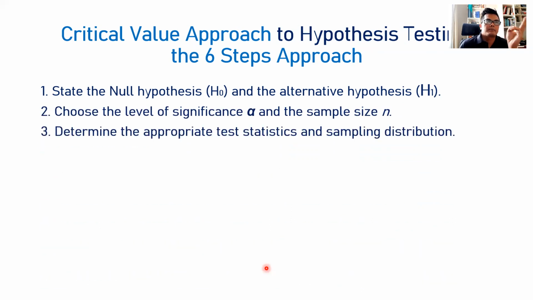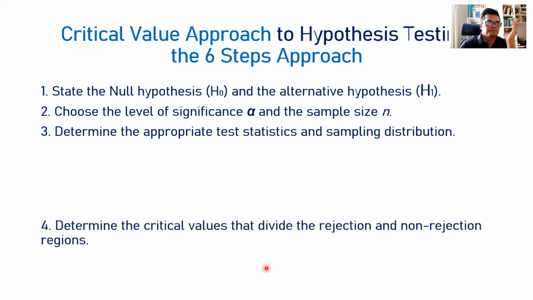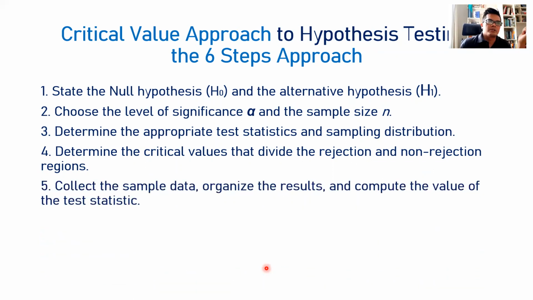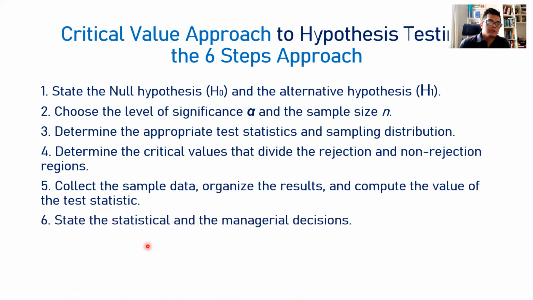The third one, determine the appropriate test statistics and sample distribution. Number 4, determine the critical value that will divide the region of non-rejection and the region of rejection. The 5th one will be to compute the value of the test statistics, and the 6th one, of course, conclude with the statistical and managerial decisions.